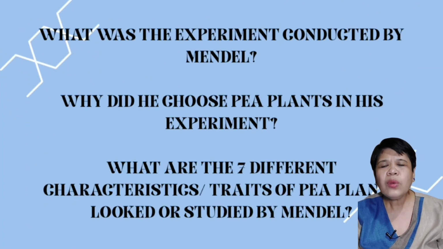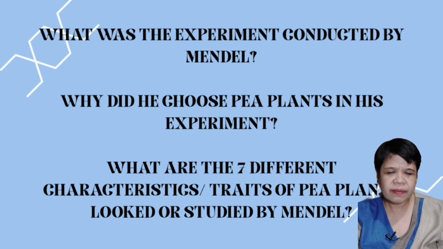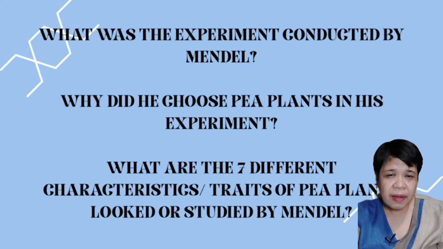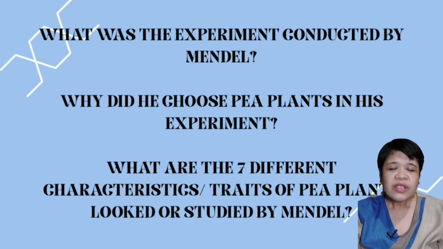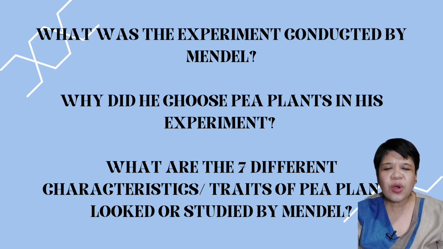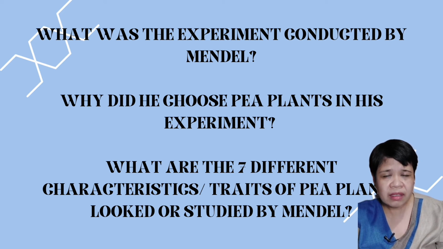Now, what was the experiment conducted by Mendel? Anybody? Okay, he used pea plants to study the inheritance of traits. Now, why did he choose pea plants in his experiments? Anybody?